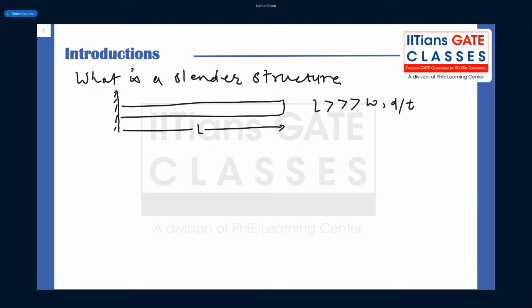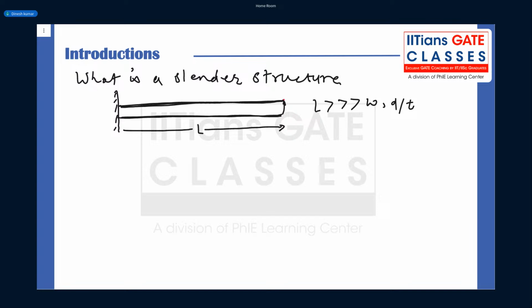Prismatic: if the cross section of the entire length remains the same, uniform cross section throughout length, then the structure is prismatic.